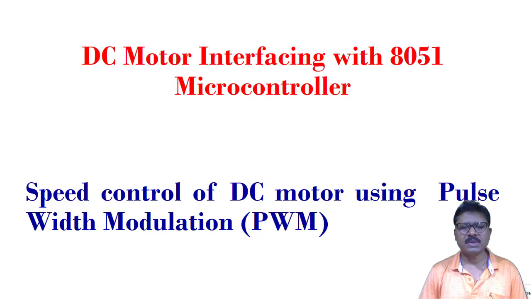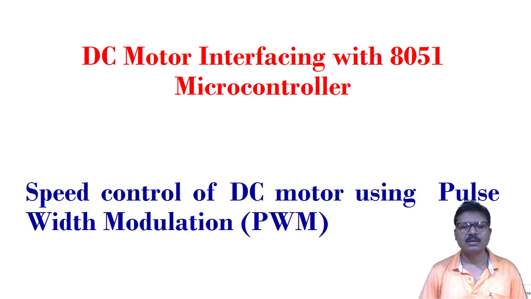Now for the case of speed control, there are different ways or different parameters that can be controlled for controlling the speed of DC motor. But in this case, normally we try to control the average power of the DC motor supply.